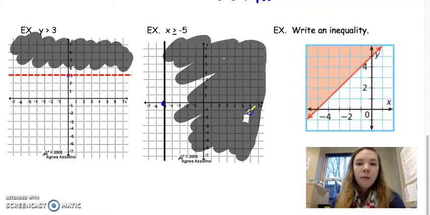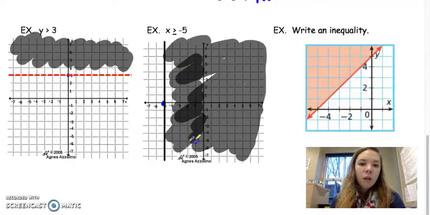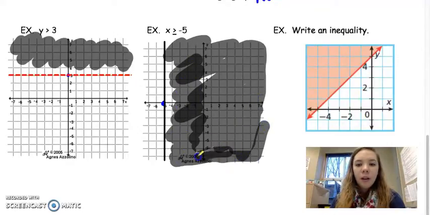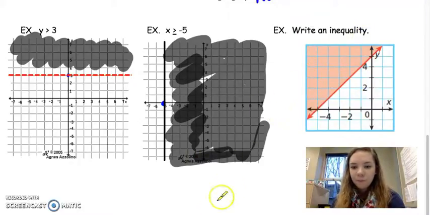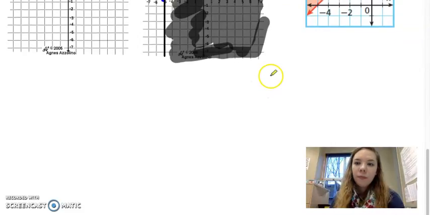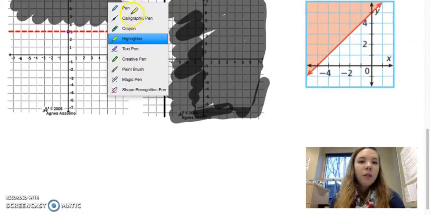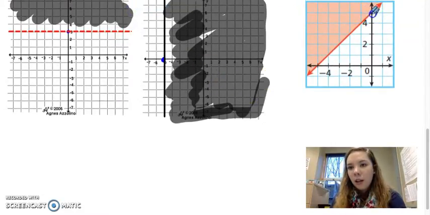All right, last thing we're going to talk about is how to do the opposite, essentially. How to take a picture and write our equation. So for this one, my b is 5, and my slope looks like it's up 1 over 1.